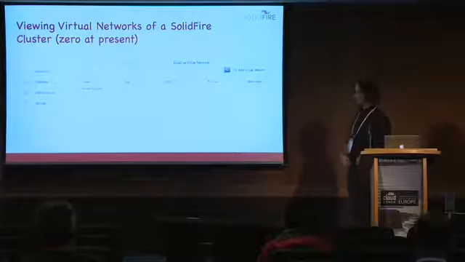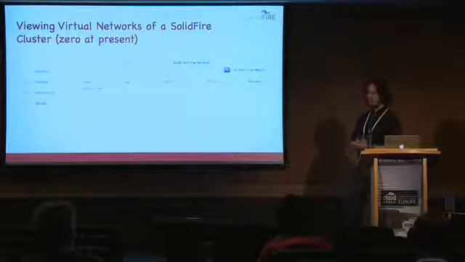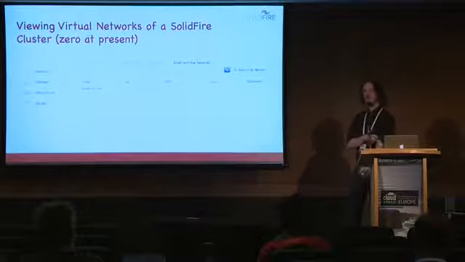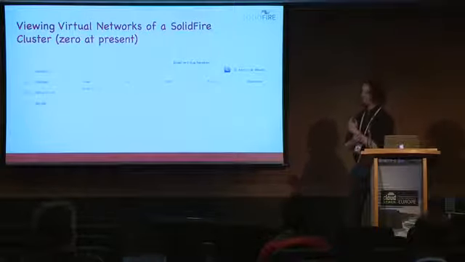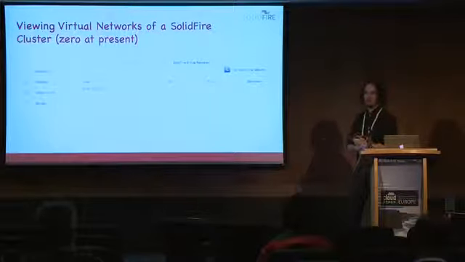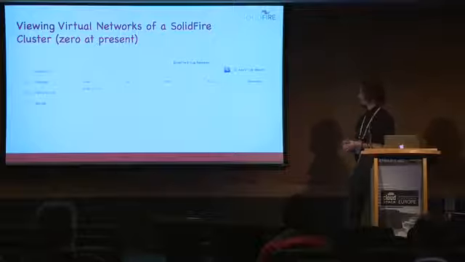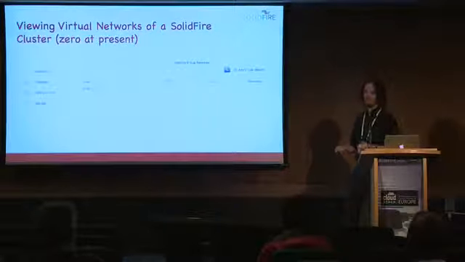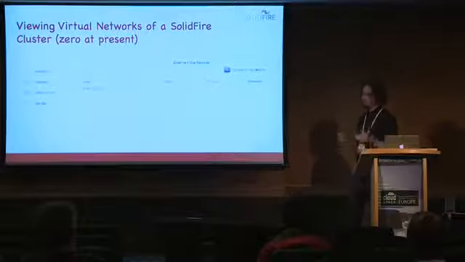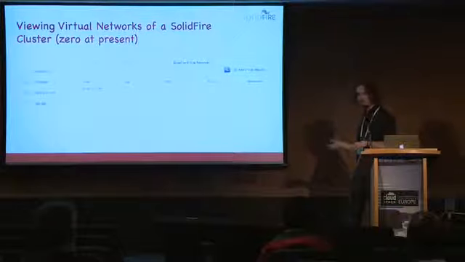So currently, I don't know how familiar everyone is with vFilers, but on a NetApp FAS filer, you have vFilers, which are basically storage VMs that run directly on the NetApp, where you map a vFiler to an IP space to a VLAN interface. So the IP space is the routing space that the vFiler has, which is something that SolidFire doesn't do yet.